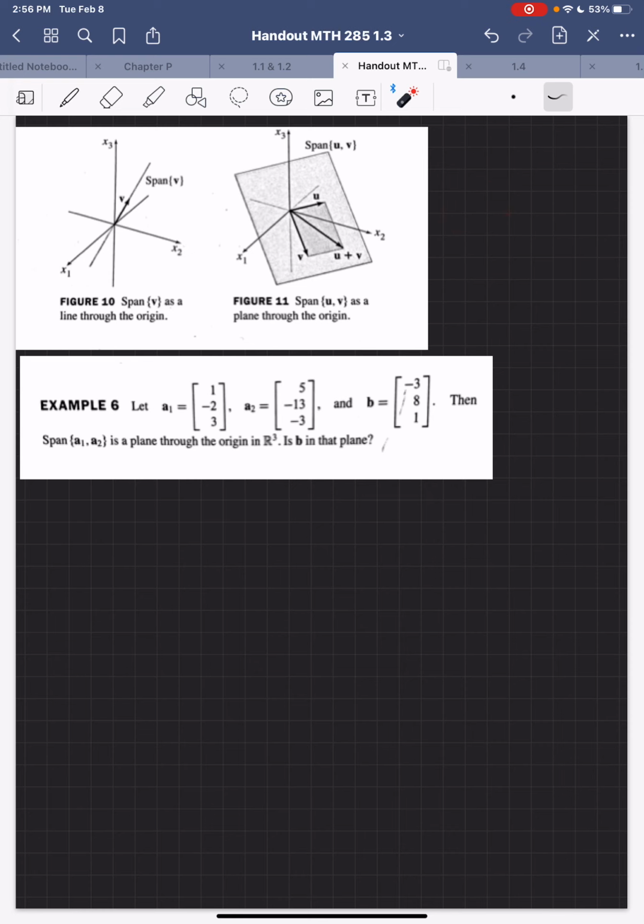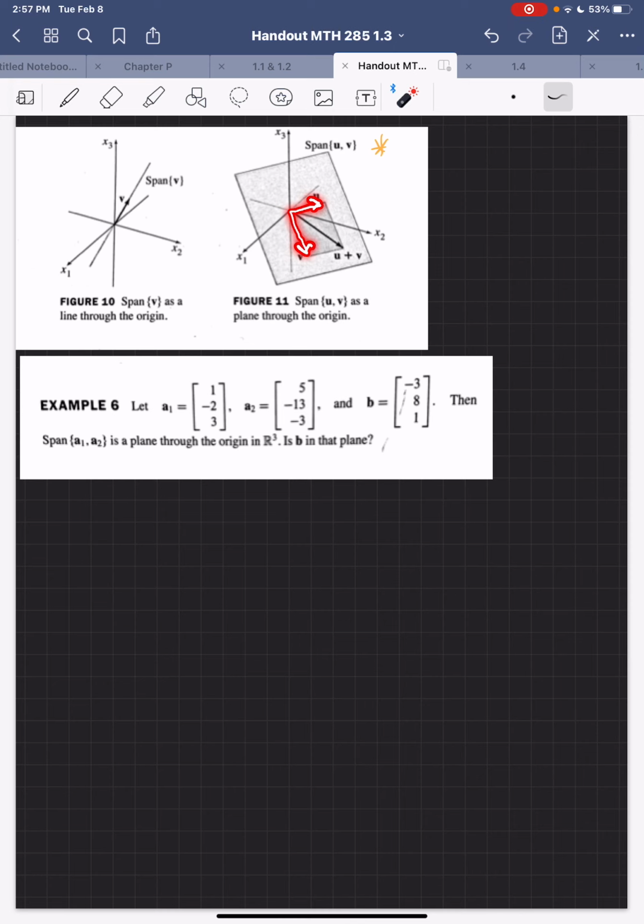So the span of vector v, they're just trying to give you an idea of the span of various vectors. This little image right here is kind of important. Let me see if I can try to explain this. Assume vector u and assume vector v.